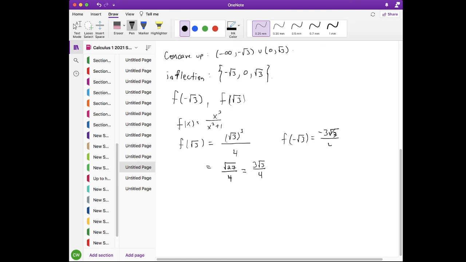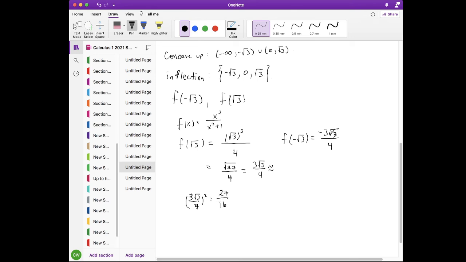Okay, so where does this point lie around? Is this bigger than 1? I like to look at the square. 3 root 3 over 4 squared: what is that? 9 times 3 is 27 over 16.